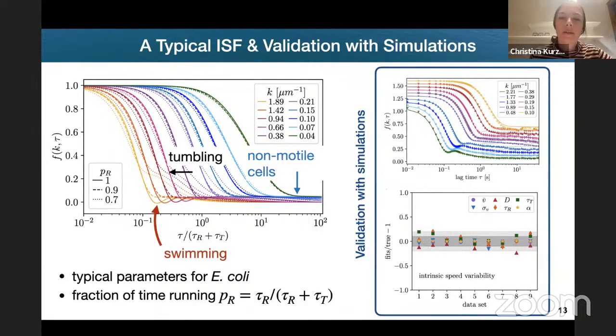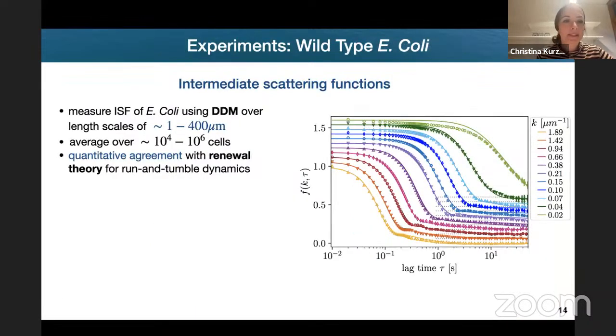Let's now move to actual experiments. Here on the right, the symbols are experiments, and we shifted the ISFs just so that you can see the different features. We were able to measure the ISF over length scales that cover a few microns to a couple of 100 micrometers, which is quite a large range.